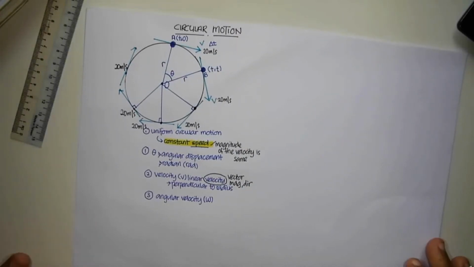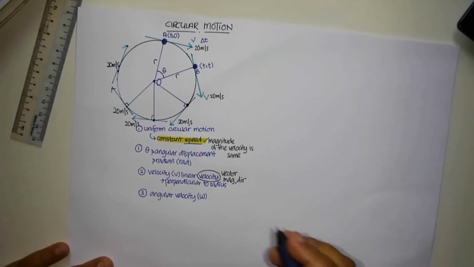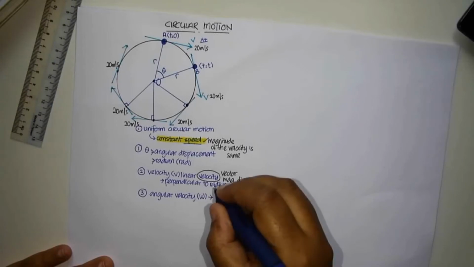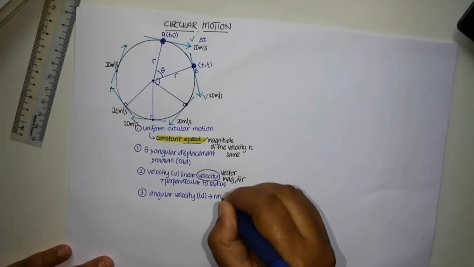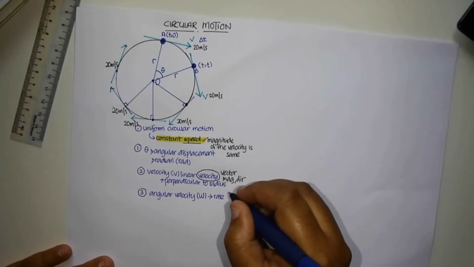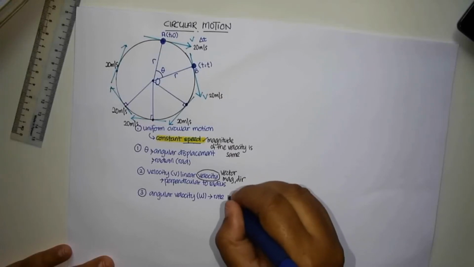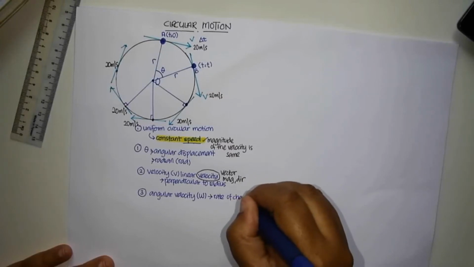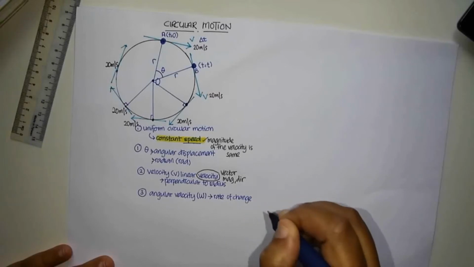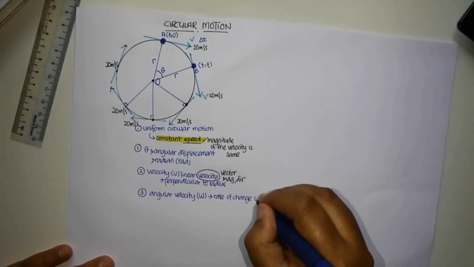Angular velocity is defined as the rate of change of angular displacement.